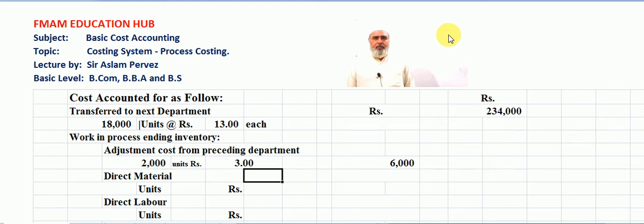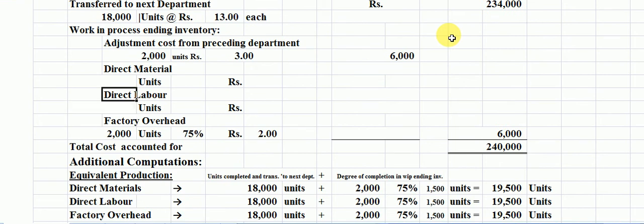Now students, we find the cost which is incurred in this department on the units in process here. 2,000 units and the per unit cost is here.